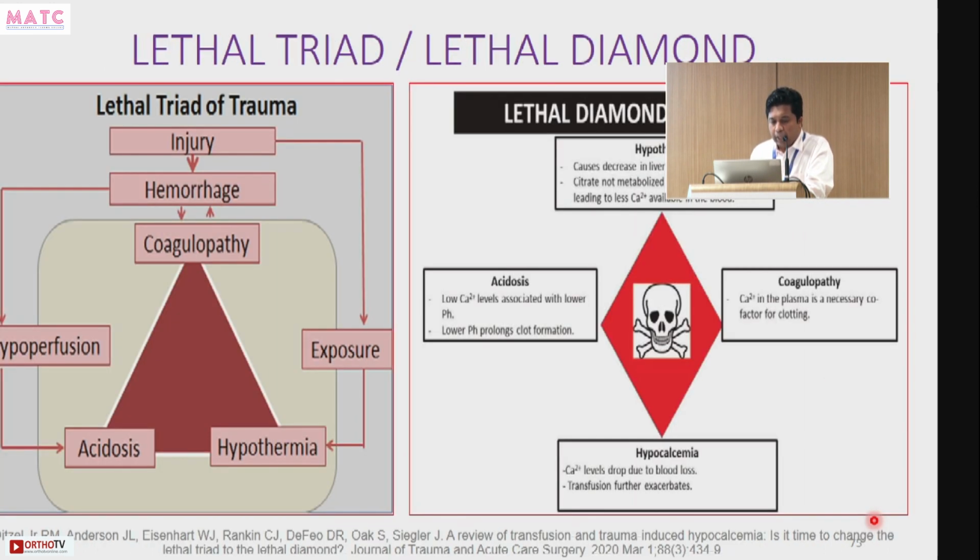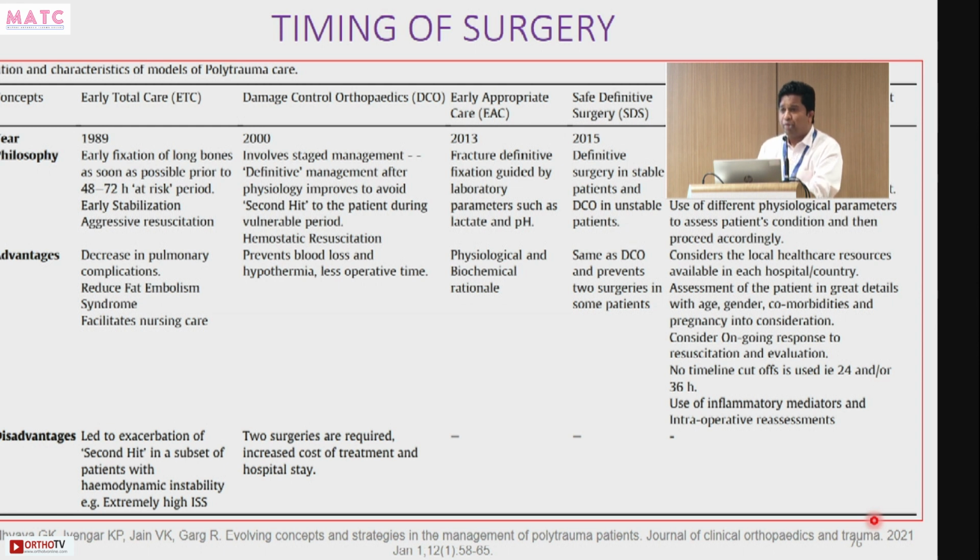Now, timing of surgeries in a polytrauma patient has been evolving over the last 3 decades. Initially, the timing of surgeries was to fix the problem within 48 to 72 hours, monitoring the hemodynamic parameters.